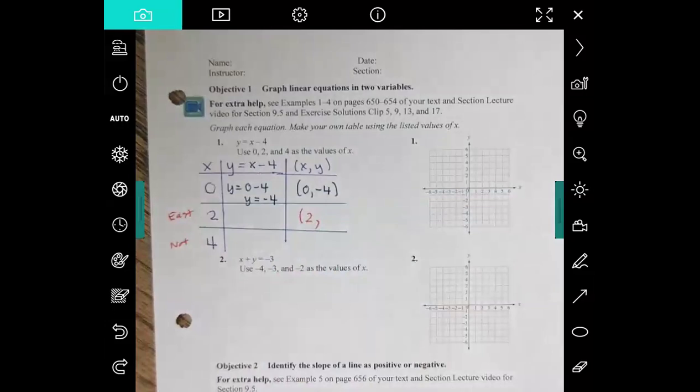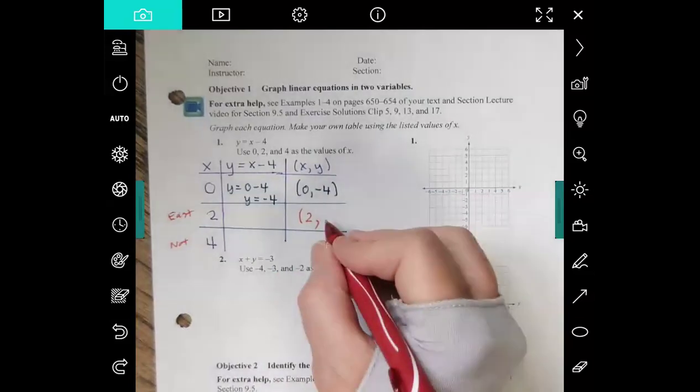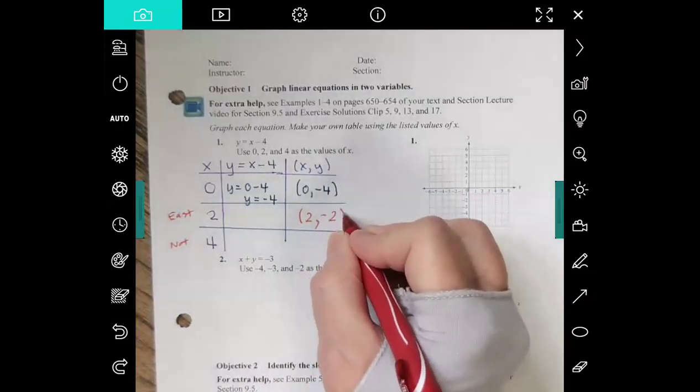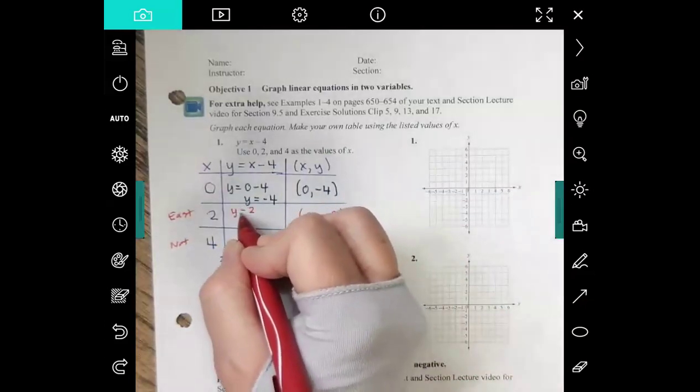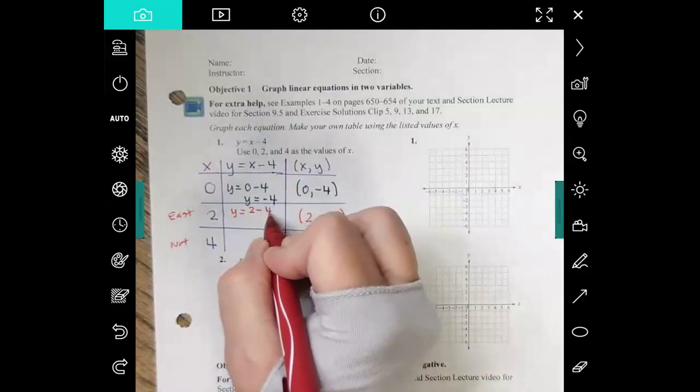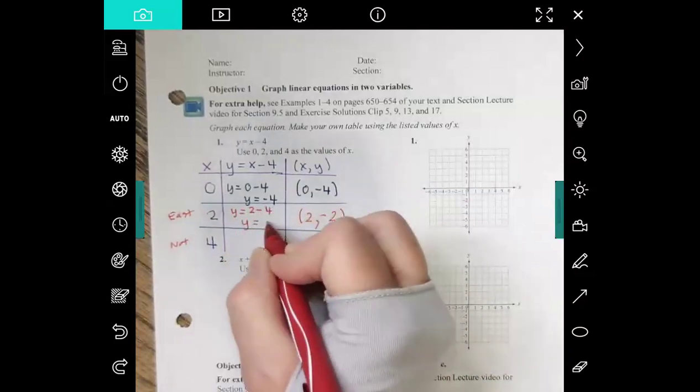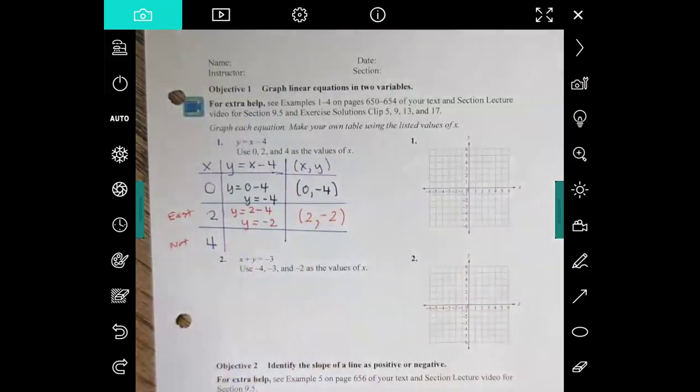Okay, East Coast. When you put in a 2 for the x, what is the y? Alicia? I got -2. You got it right, kiddo. So when we put in 2 and we subtract 4, we get y to be -2. Perfect. We're going to put those in our graph in a minute.